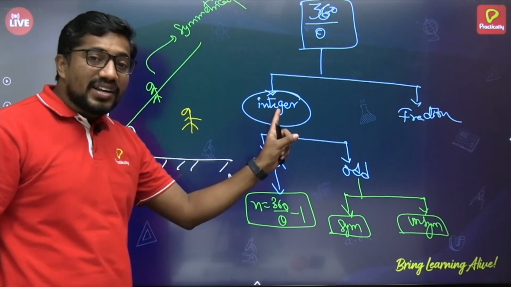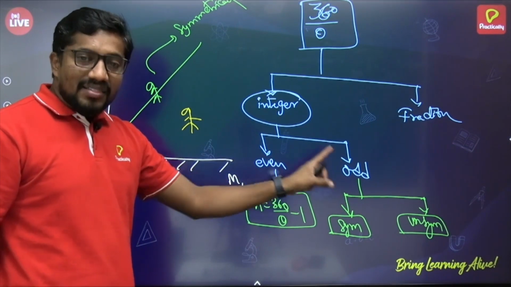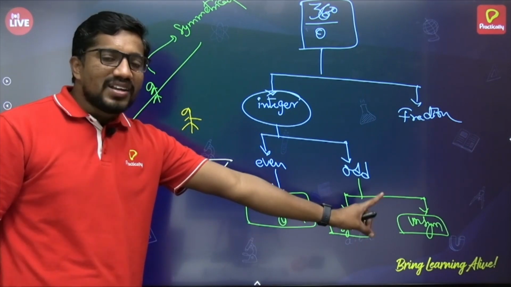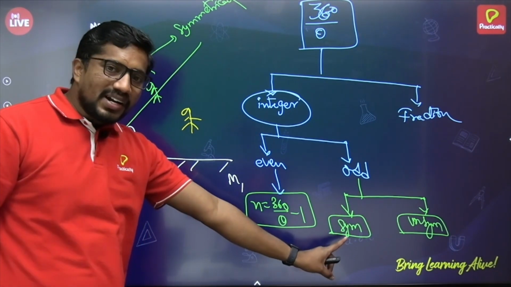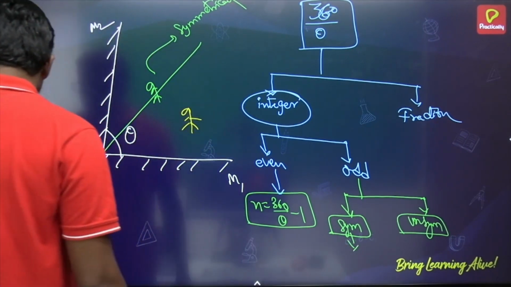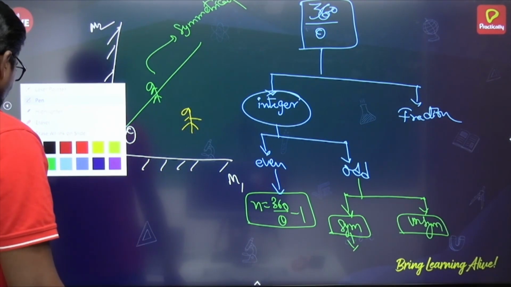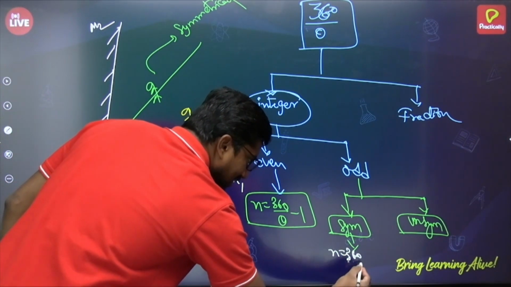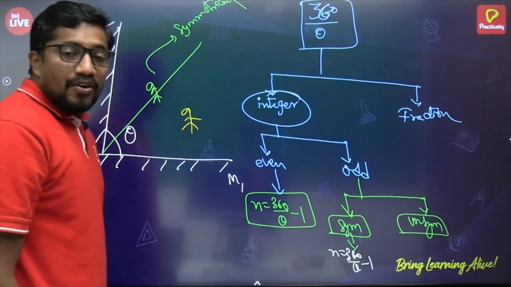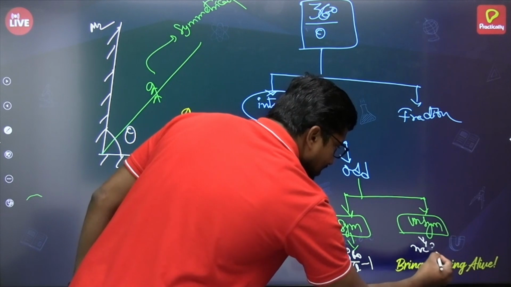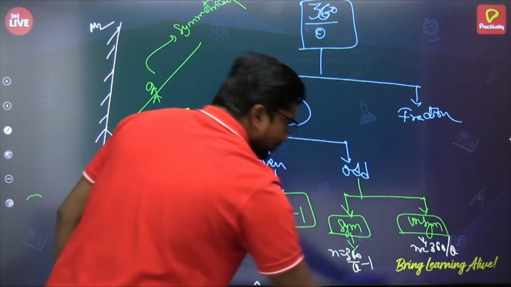If the integer is an odd number, two cases are there: symmetrical and unsymmetrical. For symmetrical position, the number of images is n equals 360 by theta minus 1. For unsymmetrical position, the n value is 360 by theta itself.